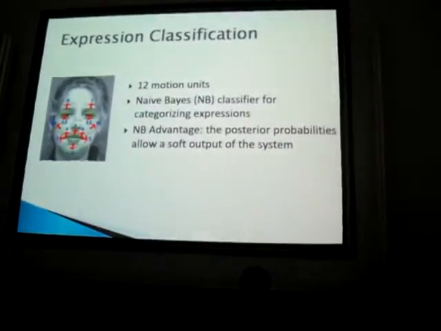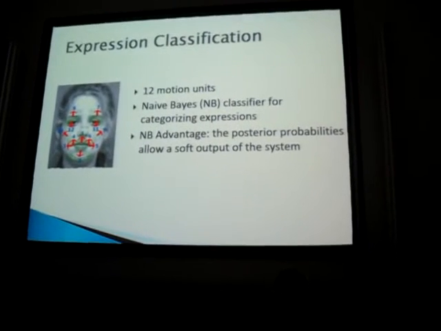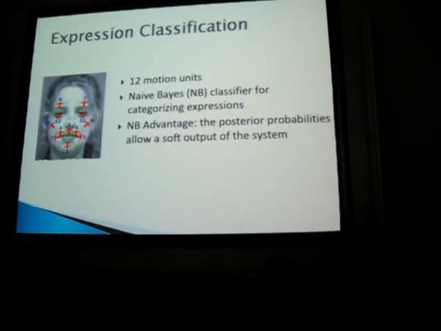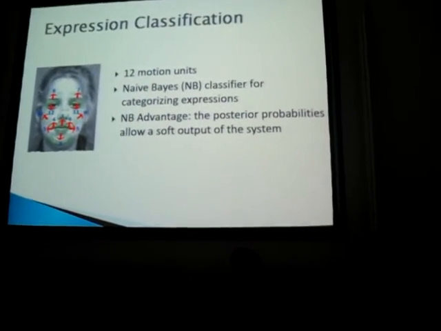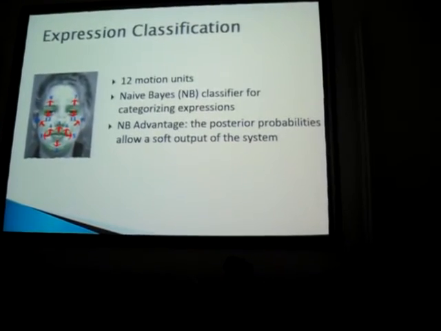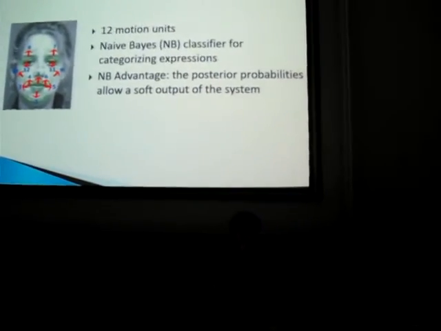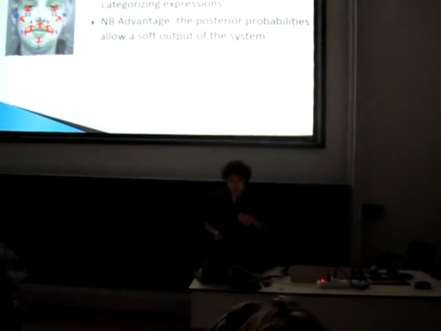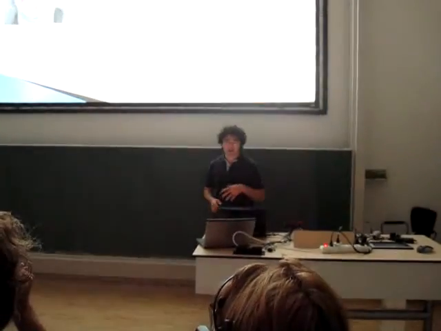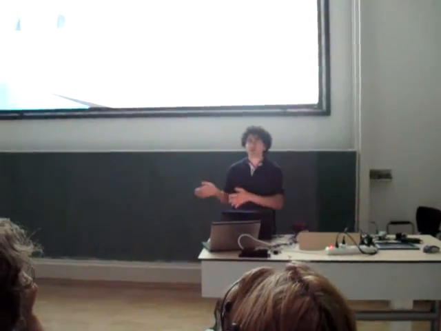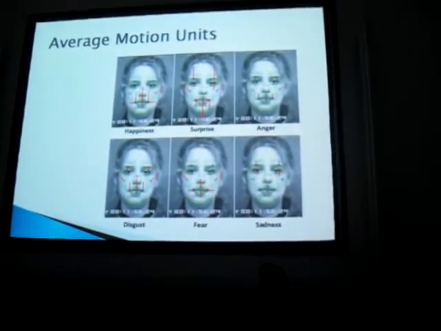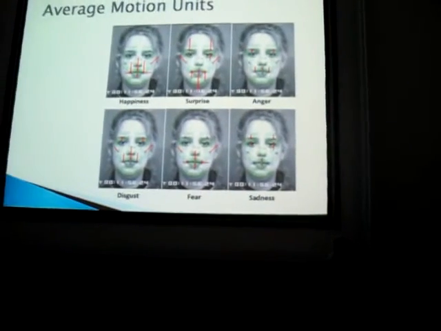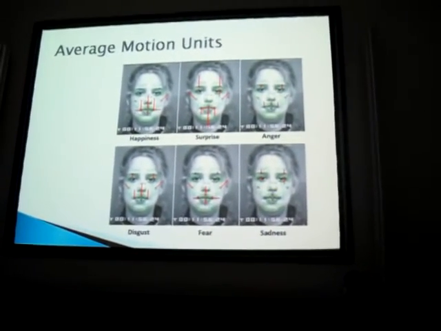We have 12 motion units, so we're basically looking at certain points on this mesh and in which way they're moving with respect to the face frame. And from those movements, we have a naive Bayes classifier to go to the expressions. These are the 6 basic expressions: happiness, surprise, anger, disgust, fear, and sadness.